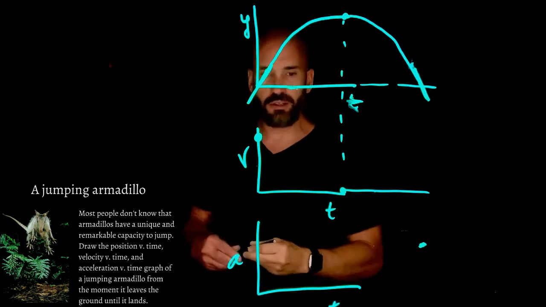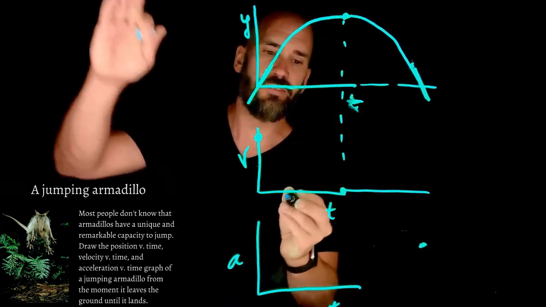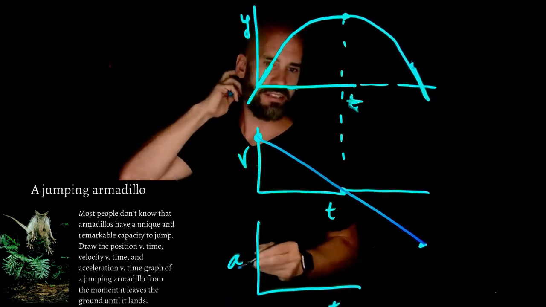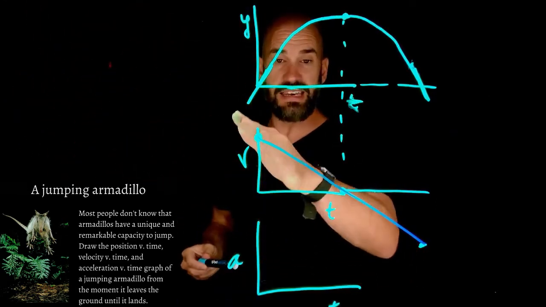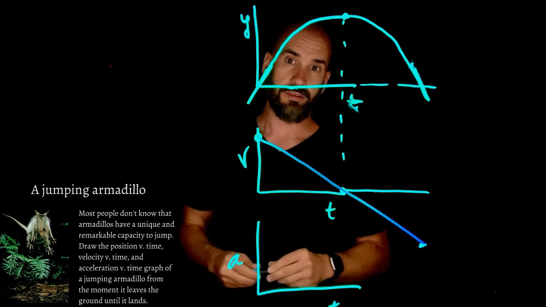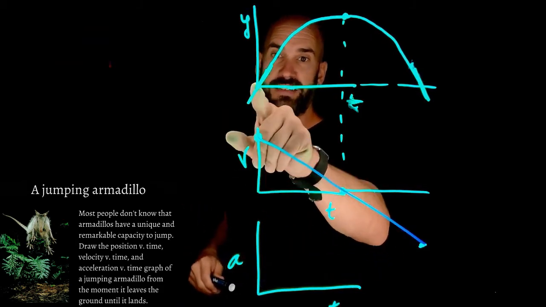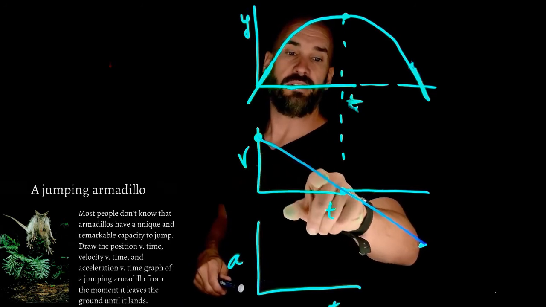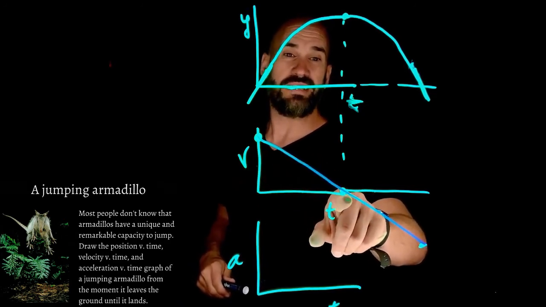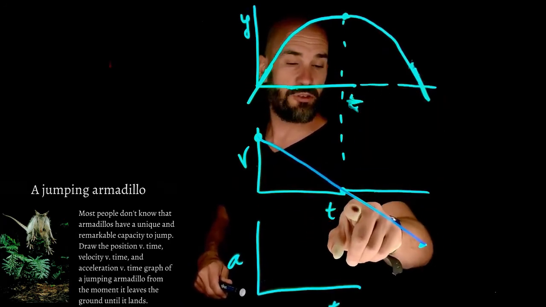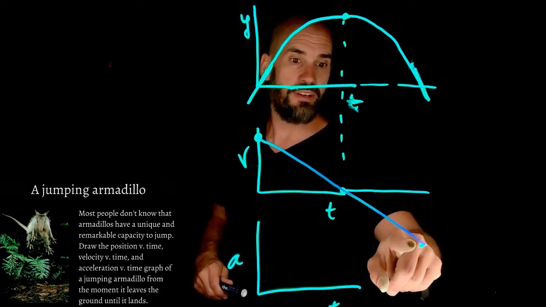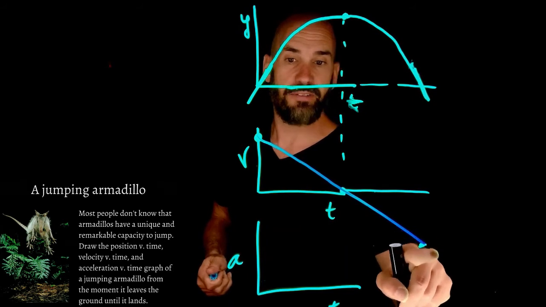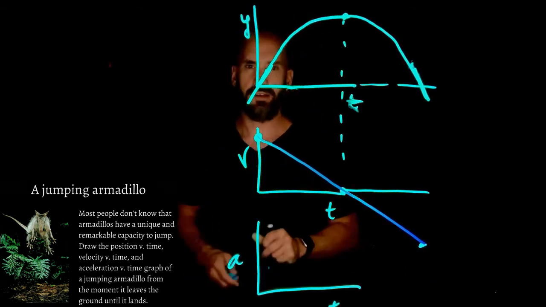And if you just connect those dots, you can see that the velocity versus time graph for this armadillo is just going to be a negative straight line, right? It starts out with a high velocity, and then gravity keeps decelerating it until the velocity is 0. And then once the velocity is 0, it's accelerating it in the negative direction, getting more and more negative, until this final velocity here is the negative version of this initial velocity there.